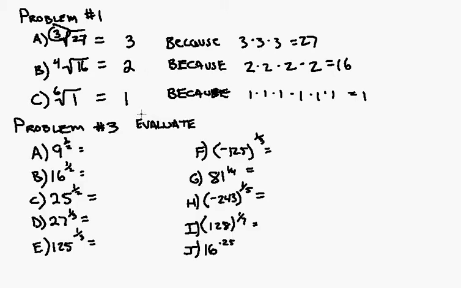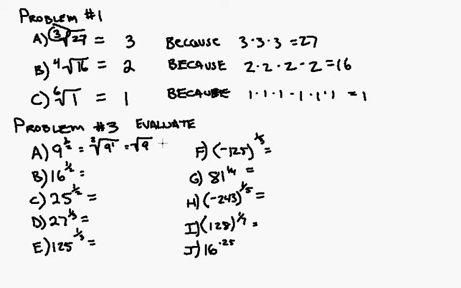Alright, in problem number 3, you're supposed to evaluate the expression. Well, 9 to the 1/2 power is the same as 9 to the 1 with a 2 on the outside. That's our index.